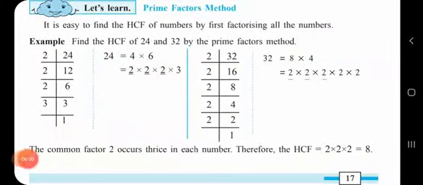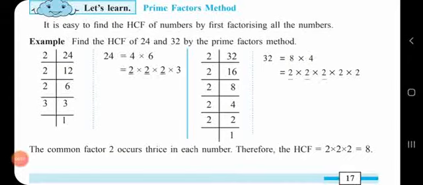See this example. Find the HCF of 24 and 32 by the prime factor method. The prime factors of 24 we have calculated here with the help of the vertical and horizontal method. 24 is written as 2 into 2 into 2 into 3, and 32 can be written as 2 into 2 into 2 into 2 into 2.